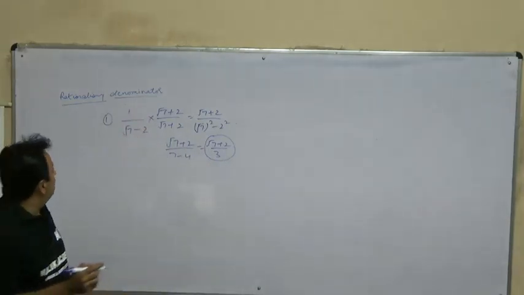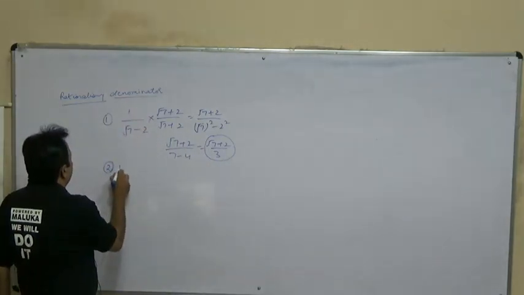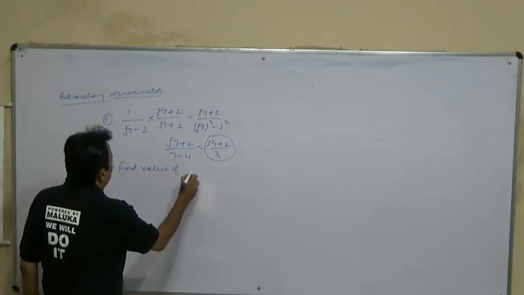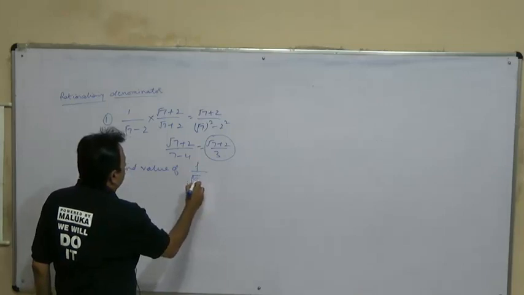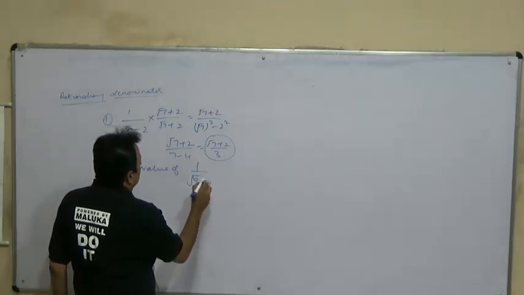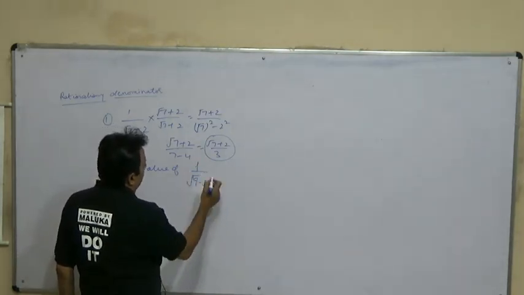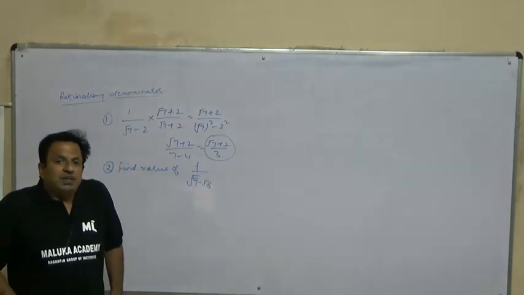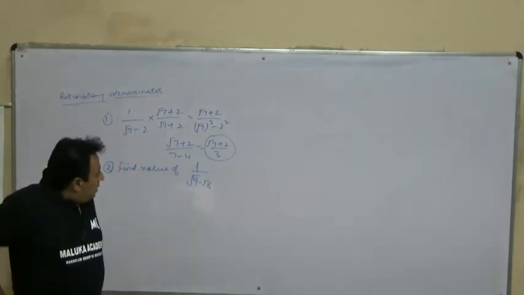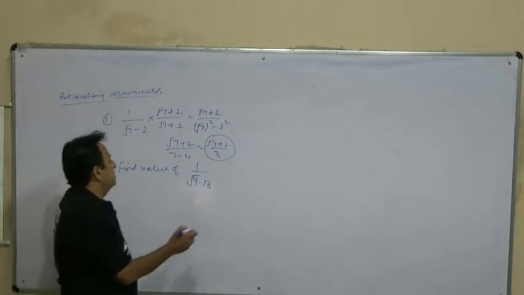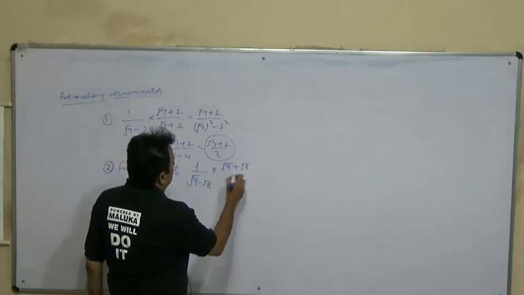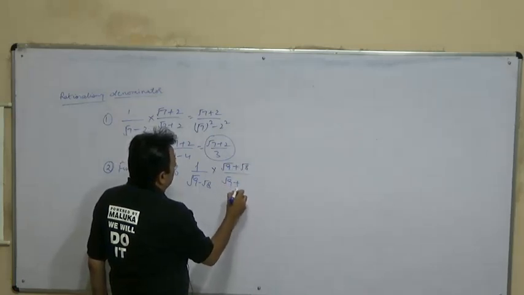So likewise we have to find the value of 1 upon root 9 minus root 8. Again we have got the irrational part in the denominator, so we will convert it into a rational part. Rationalizing the denominator, it will be under root 9 plus root 8 upon under root 9 plus root 8.